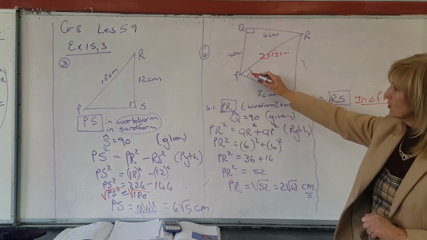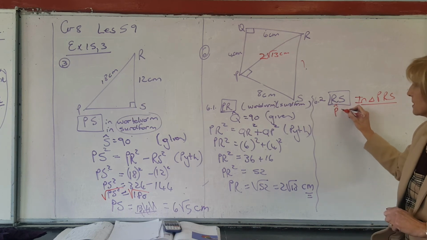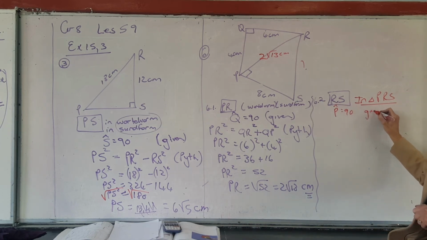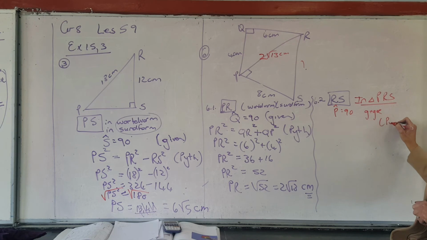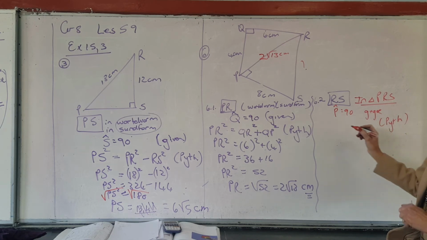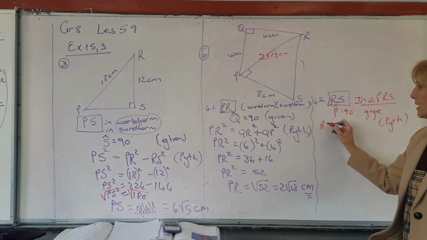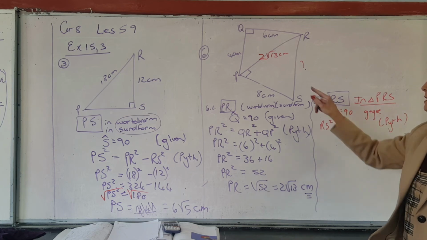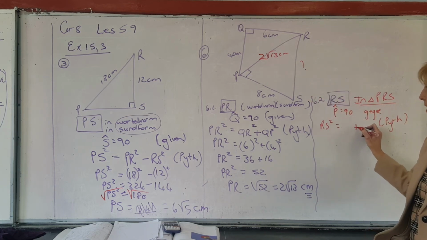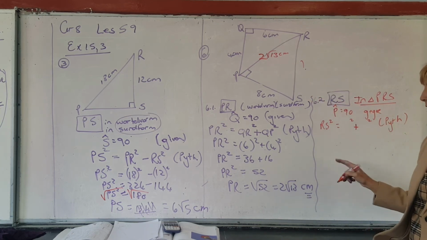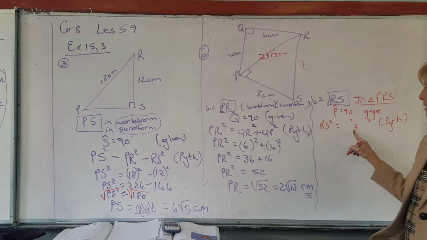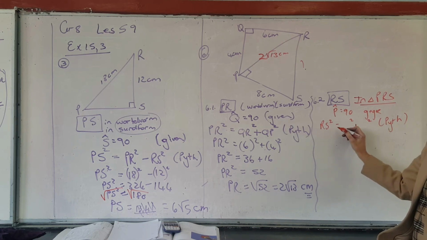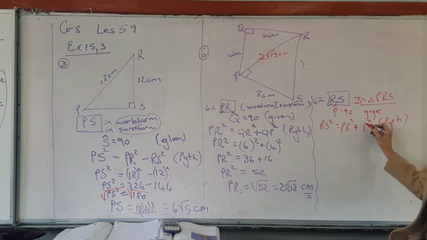In a right angle triangle, so I have to say P is 90 given, gegee. Voordat ek kan sê, hoor hier is Pythagoras se beurt. I'm going to say that RS, the hypotenuse side squared, is equal to the sum of the other two sides squared. Die skynsy se kwadraat is die som van die ander twee se kwadrate, PR en PS.